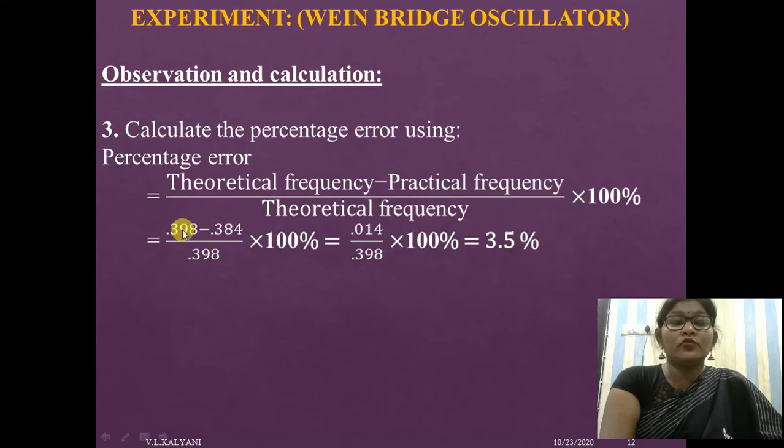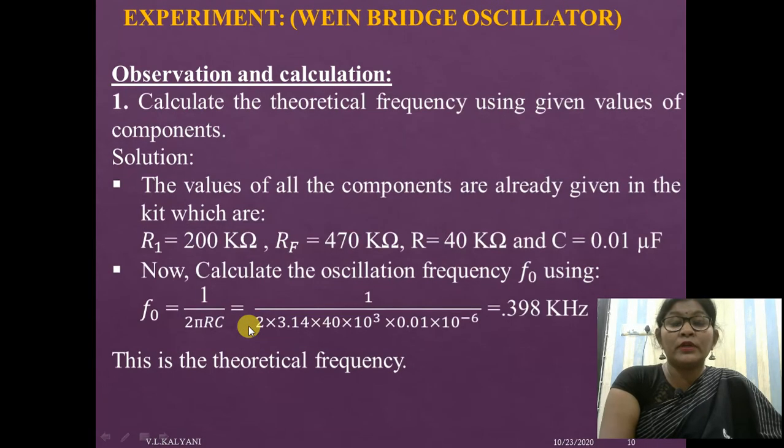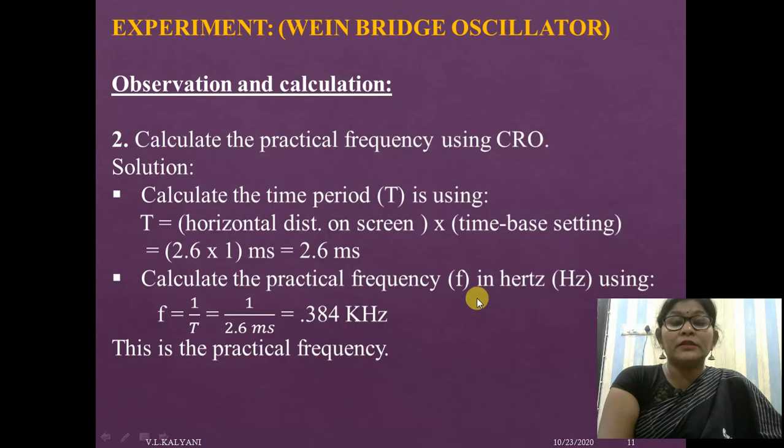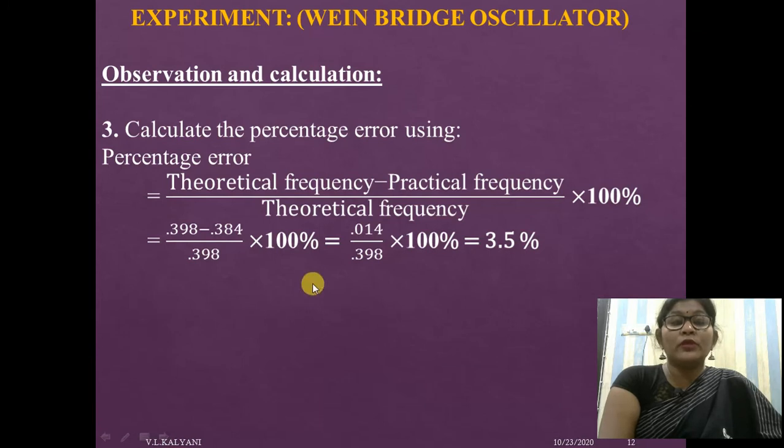So here the theoretical frequency, as we have already calculated, is 0.398 minus 0.384 upon 0.398. This is your theoretical frequency and this is your practical frequency. So according to this, you can calculate the percentage error, and here the percentage error will become 3.5%.